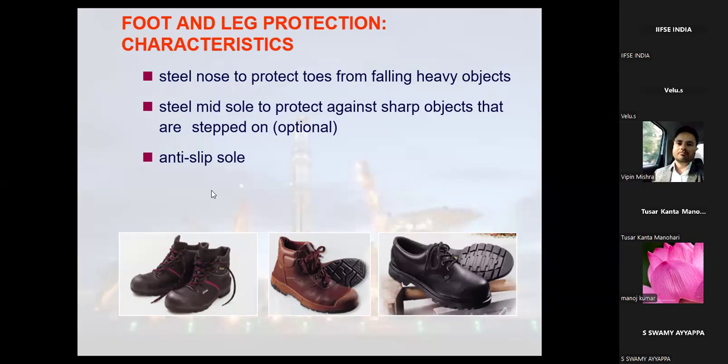Steel mild soles to protect against sharp objects that are stepped on. This is optional because in general industry we don't use this. This is exclusively only for the construction industry. Anti-slip soles, these are common for both the construction industry and for the general industry.